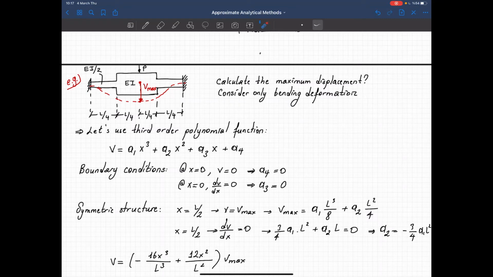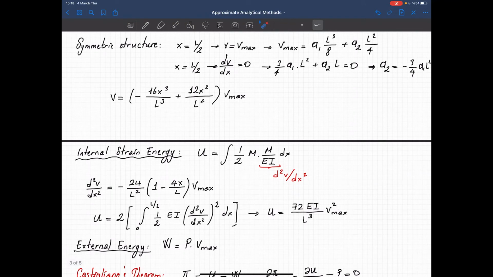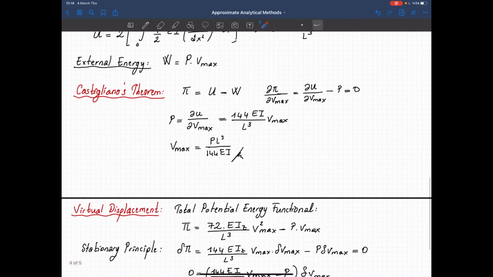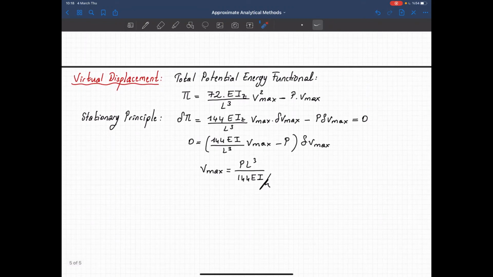So you can directly calculate the internal and external work. The Castigliano's theorem is very limited because this part is very tricky, but with the virtual displacement you can just define any virtual function and write down the stationary principle directly.